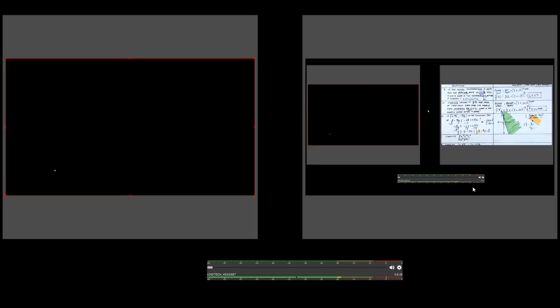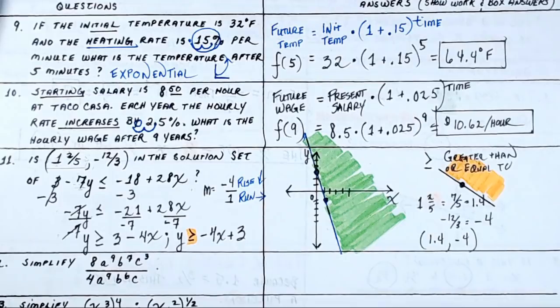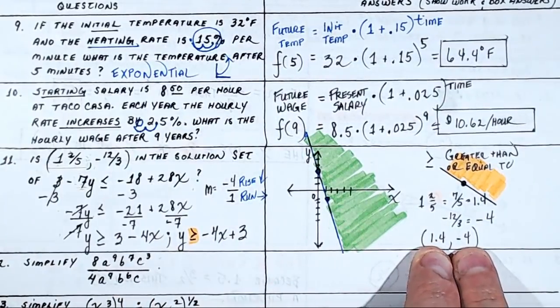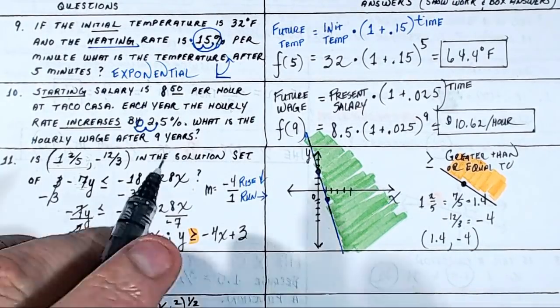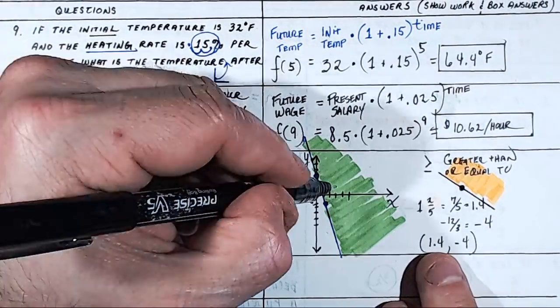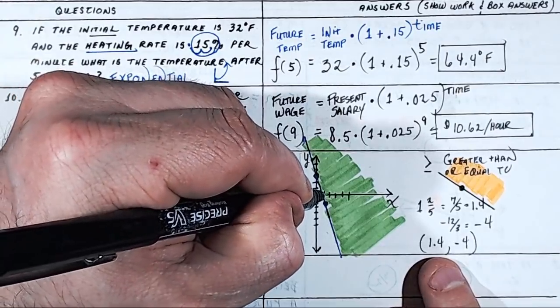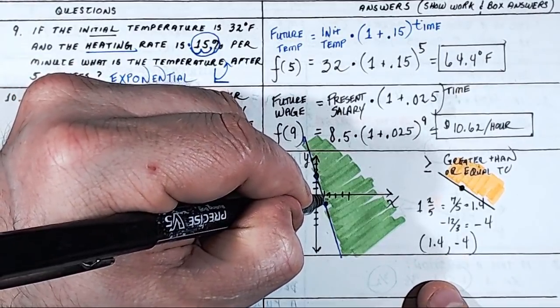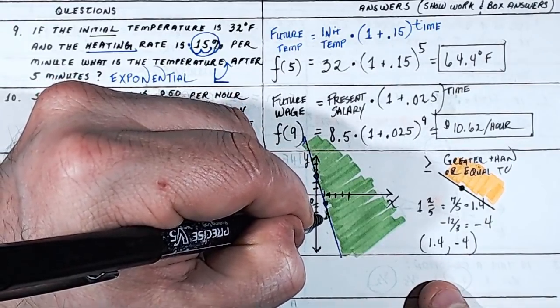We'll flash back to the screen and look at our work surface. I want to know if these coordinates are in this solution set. So here's how this works. You go over 1.4, which is halfway between 1 and 2, and then you go down 4: down 1, down 2, down 3, down 4.